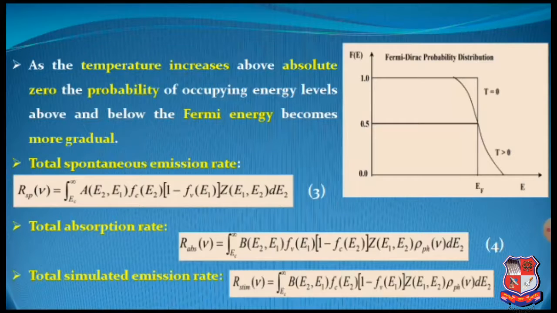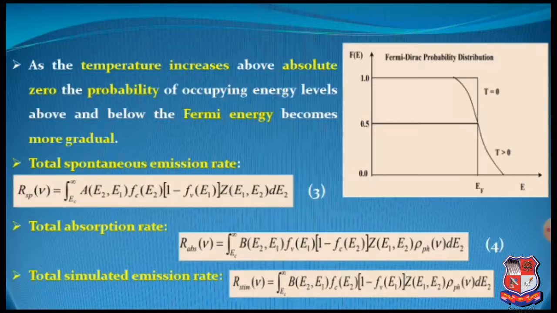As the temperature increases above absolute zero, the probability of occupying energy levels above and below the Fermi energy becomes more gradual, which can be easily seen from the Fermi function versus energy diagram, as you can see at absolute zero temperature and at temperatures greater than absolute zero.